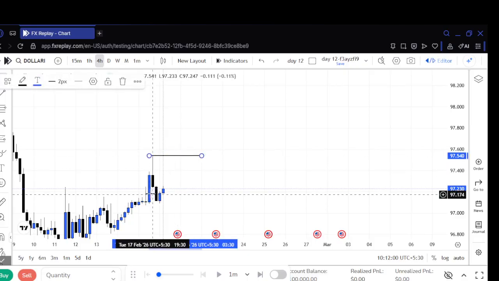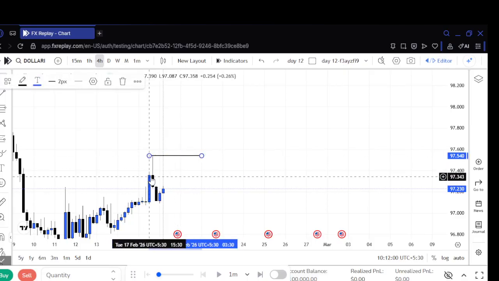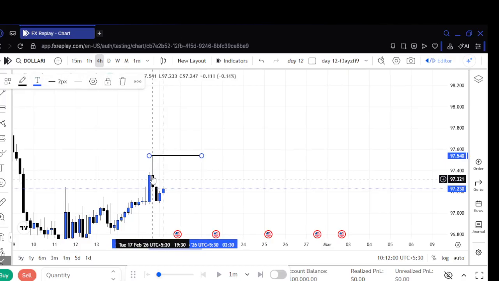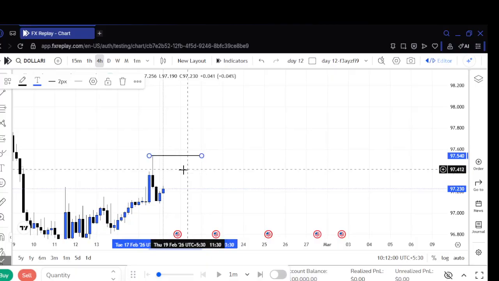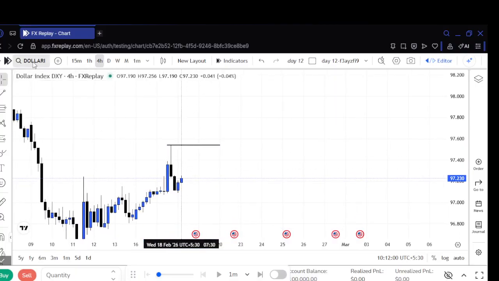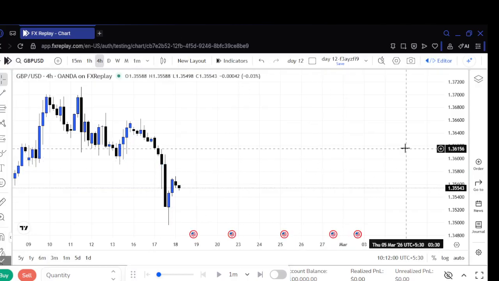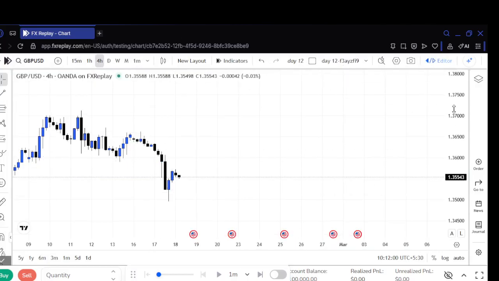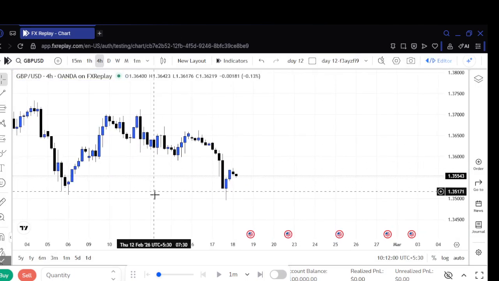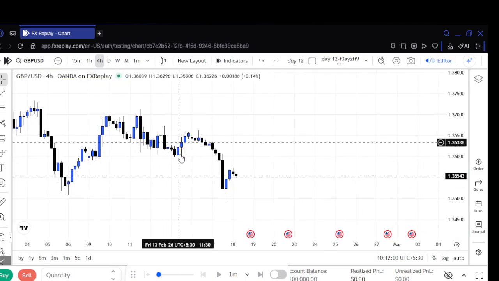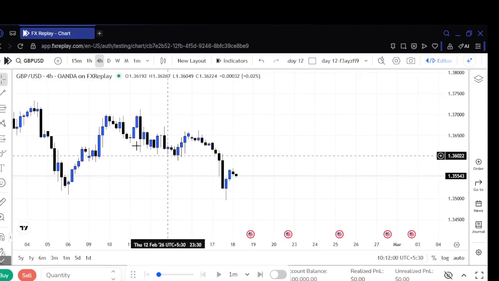Because of higher low, higher high, higher low, and then higher high, probably this will be our bias. But now we're going to go to the GBP USD and confirm the bias again. If we got a buy here, we need a sell here. If you look at the GBP on the 4 hour, the liquidity has been taken here and the downtrend has started.